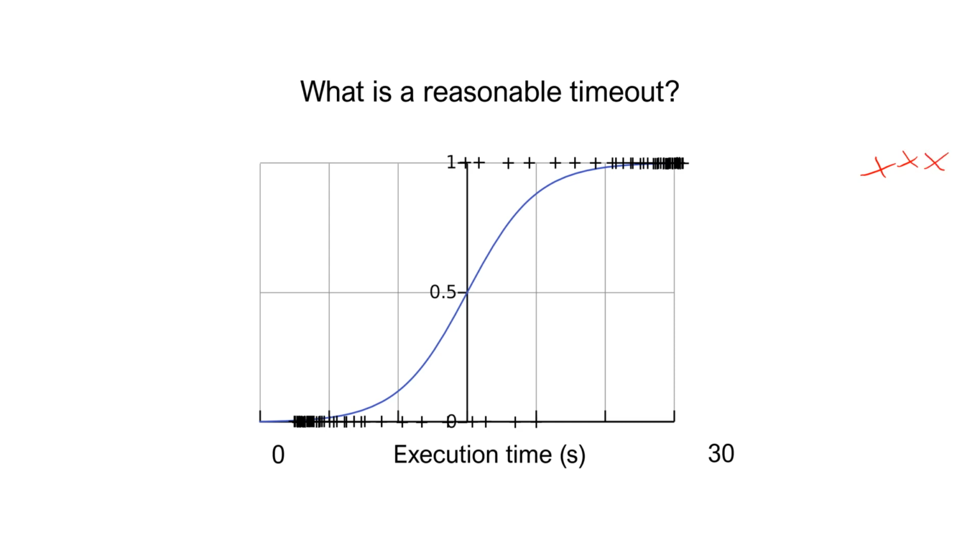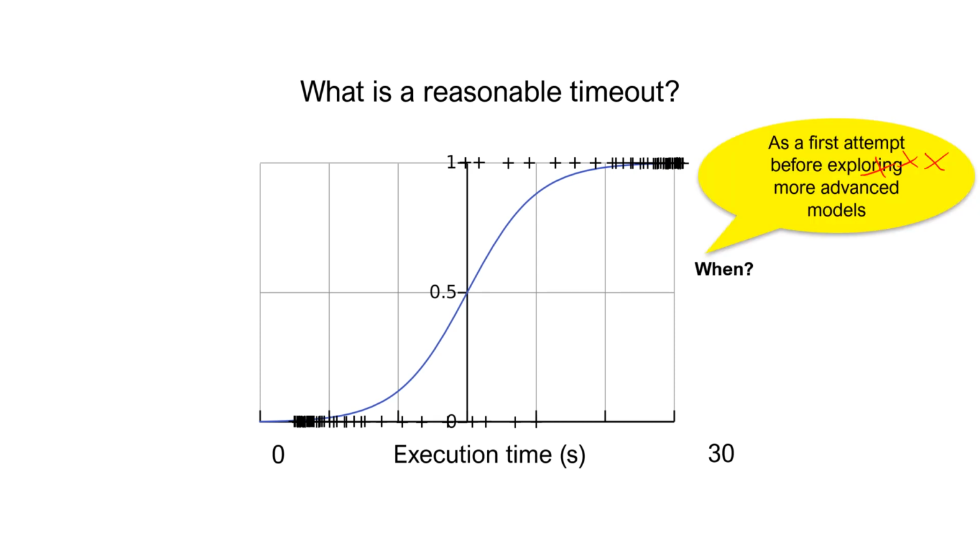And also, since it is bound between 0 and 1, it's easier to discuss it in terms of probabilities. So when would this be a reasonable approach to explore then? Well, maybe as a first attempt before exploring more advanced classification approaches. It is a solid baseline, but it is far from state of the art.